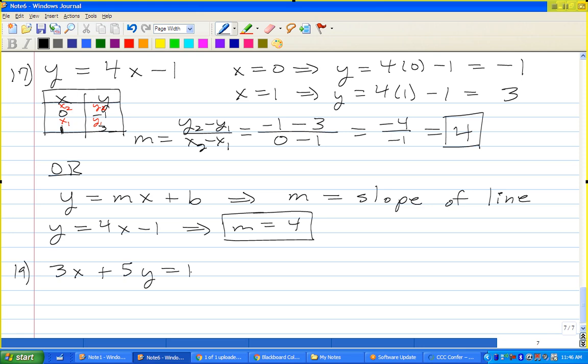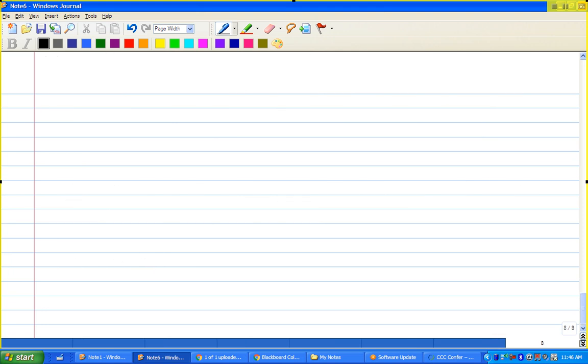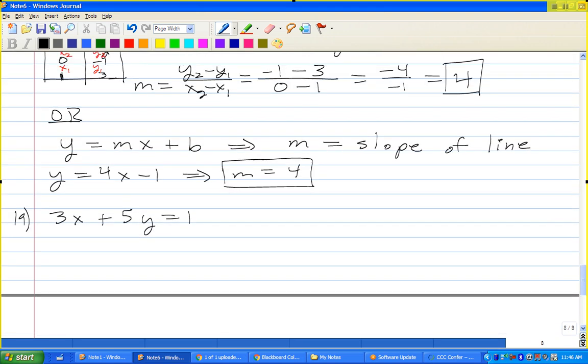What I have to do is put it into this form, so I've got to solve for y. Subtract 3x from both sides of my equation. So I get that 5y equals negative 3x plus 1.